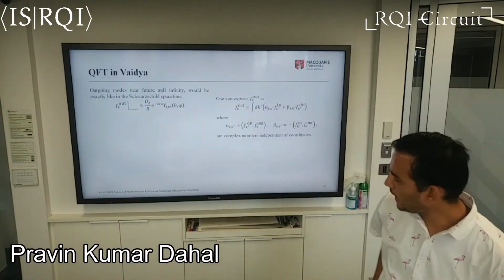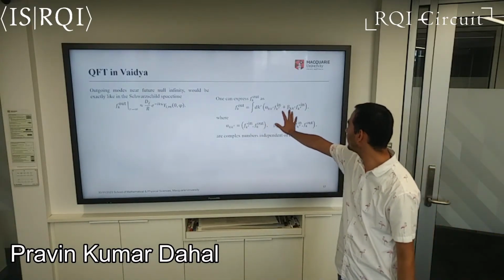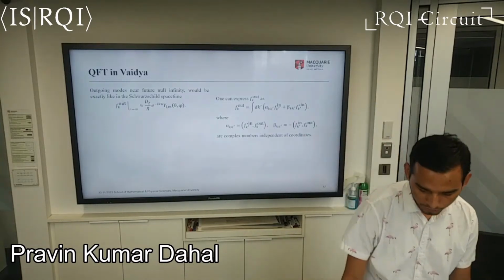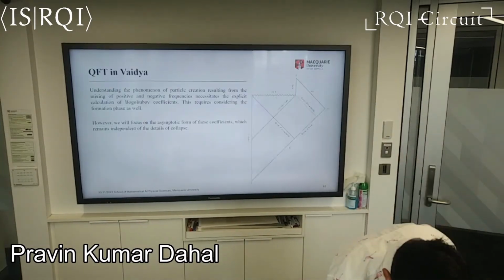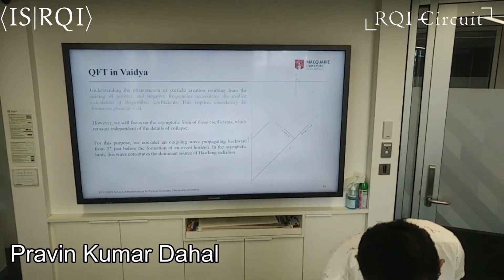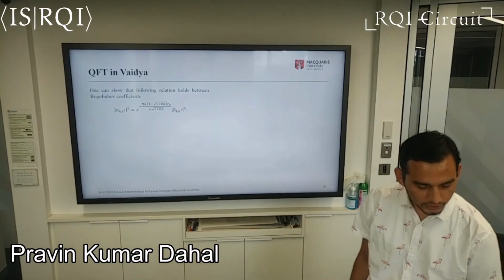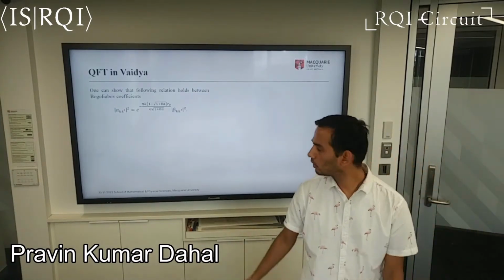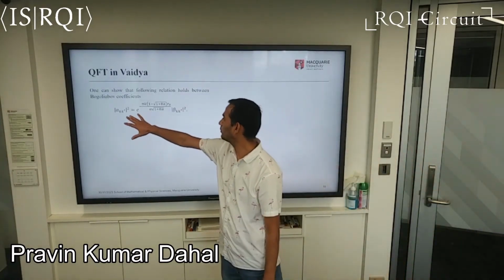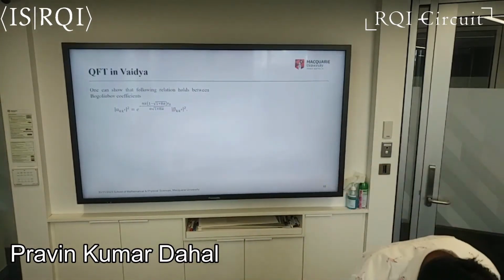From that, by Fourier transformations, one can extract these alpha and beta coefficients, which are the Bogoliubov coefficients. I'm not going to talk about this in detail, but what I am going to say is we can exactly solve for the Bogoliubov coefficients, and we can write them in this form.